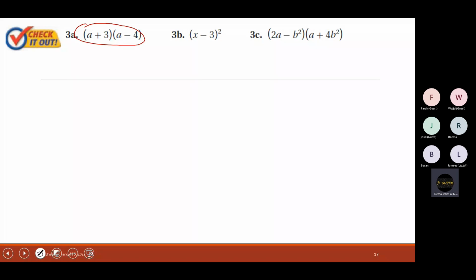Do you want to use the distributive or the FOIL method? Both of them, you get the same answer. Which one do you prefer? Distributive. How will it be?